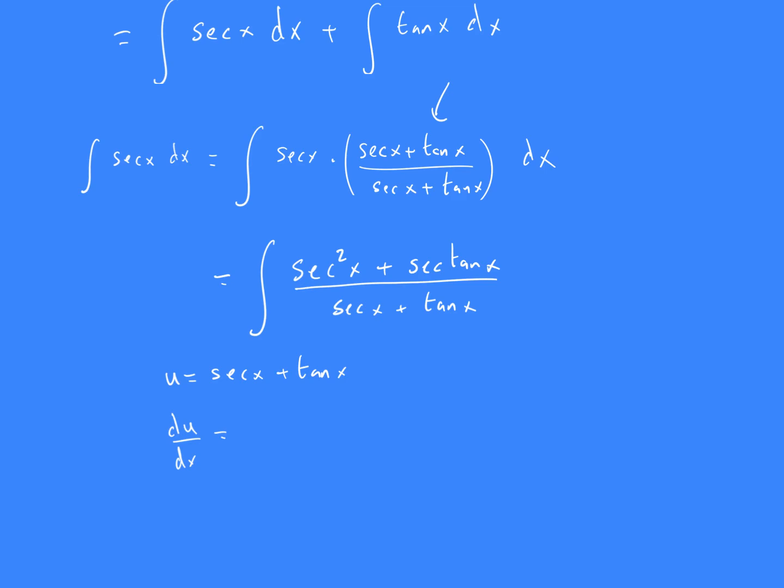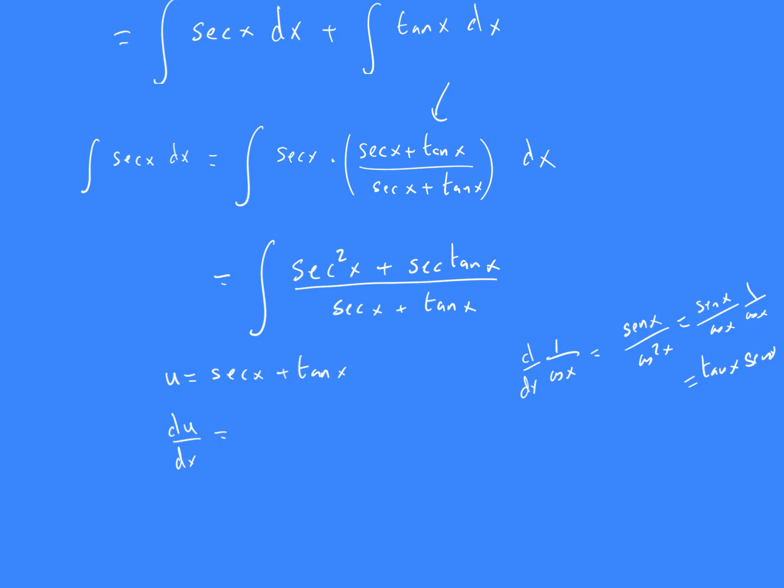The derivative of secant x is the derivative of 1 over cosine of x, which is sine of x divided by cosine squared of x, or in other words, sine of x divided by cosine of x multiplied by 1 divided by cosine of x, or in other words, tan x secant x.